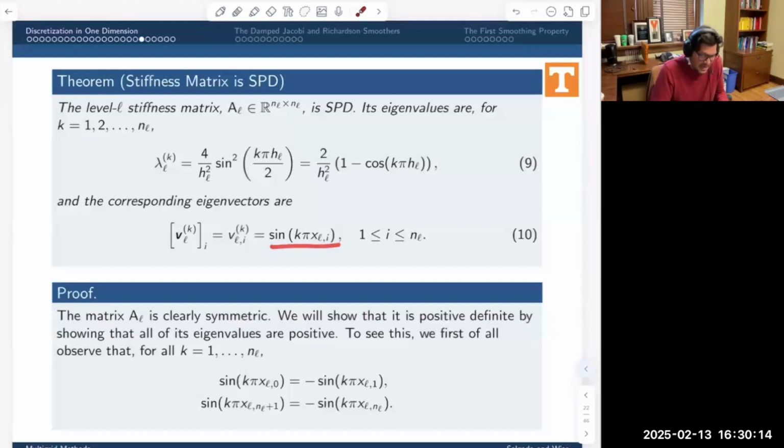They're sine modes. The big difference here is how the sine modes are defined. Here we're using cell-centered points, not vertex-centered points, so these sine waves have slightly different points of definition. Whether you want to think about them as grid functions or as vectors doesn't really matter. It's okay to think about them both ways in the current context.